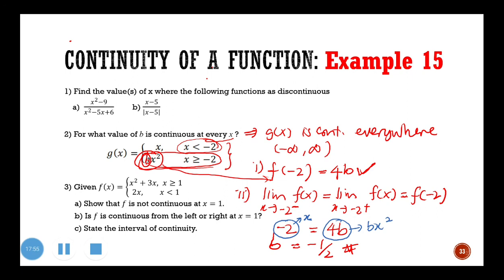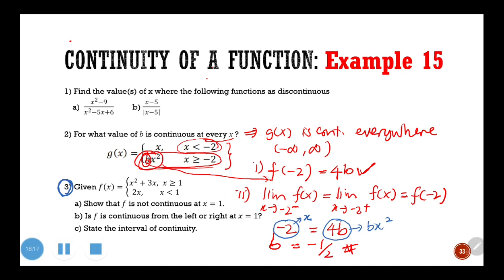For example 3, I don't want to discuss right now, but instead I want you to solve it on your own as your class submission task for today's asynchronous class. There are 2 questions for today.